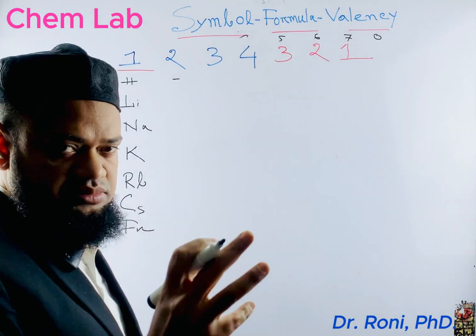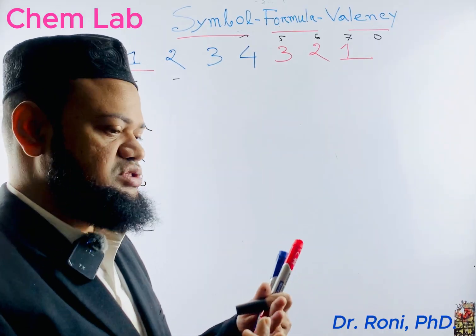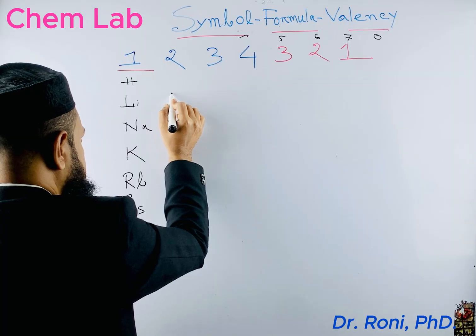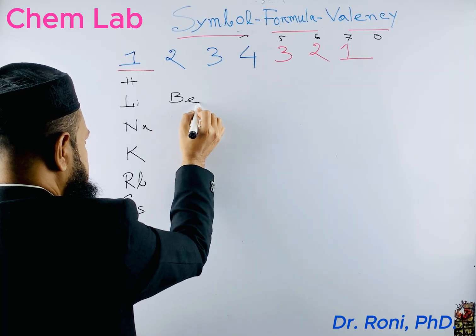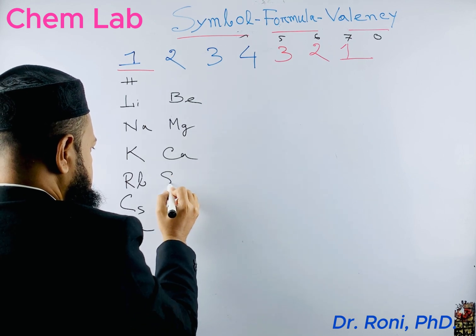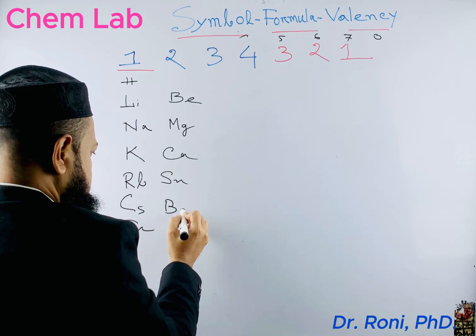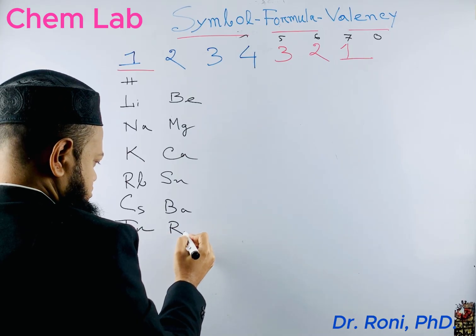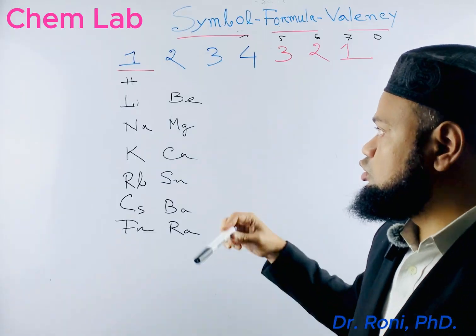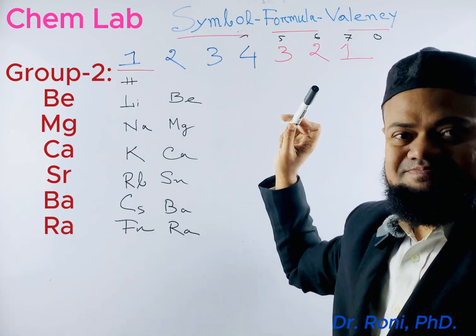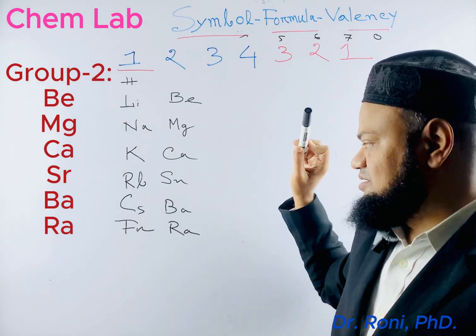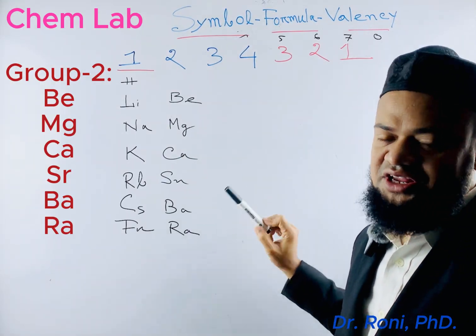Now, here actually helium, but we are trying to merge with the structure of the periodic table to answer the valencies. So in group 2, beryllium, magnesium, calcium, strontium, barium, radium.